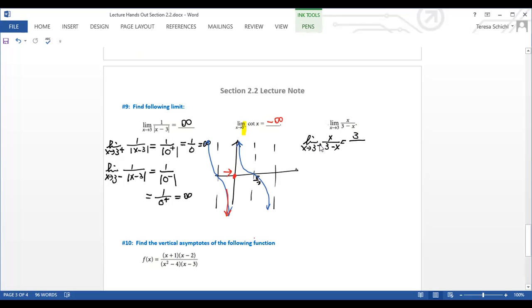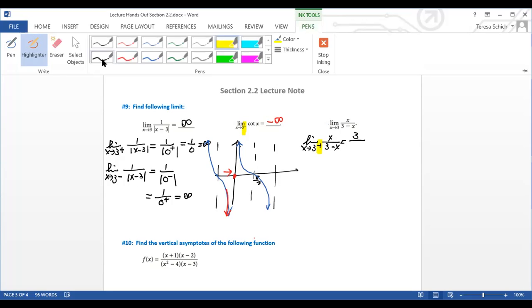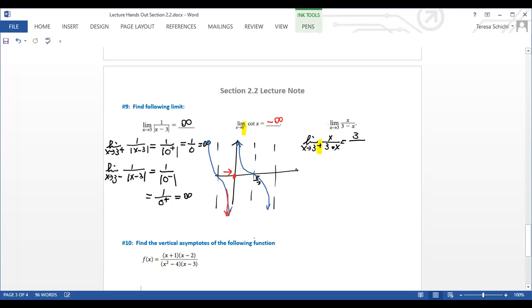That means what here? It's always something a little bit bigger, right? So if it's a little bit bigger than 3, then 3 minus x will be what? It's very close to 0, but it's always a little bit smaller than 0. So what is this one here? It will give you negative infinity, correct? Okay, so now the same way is here.